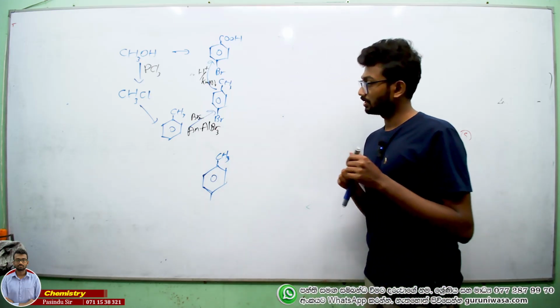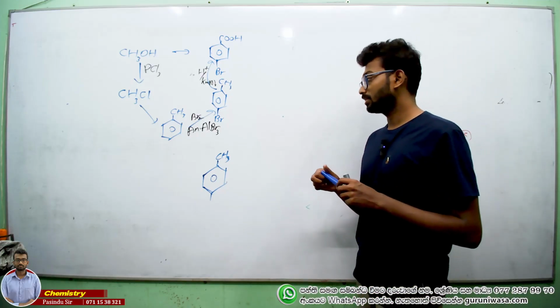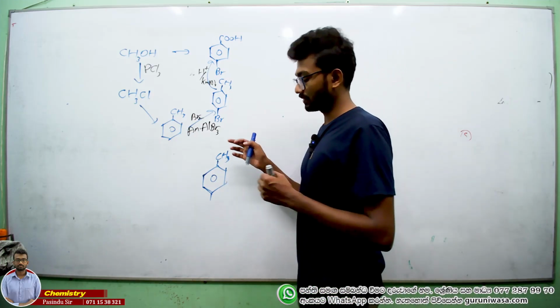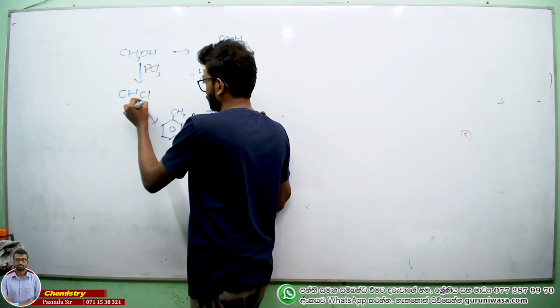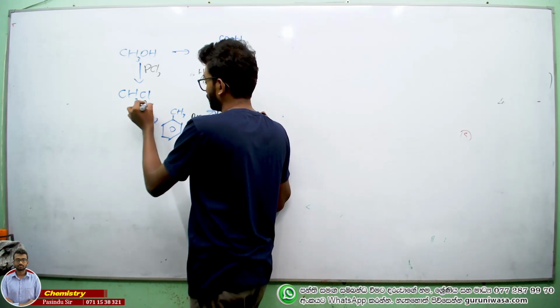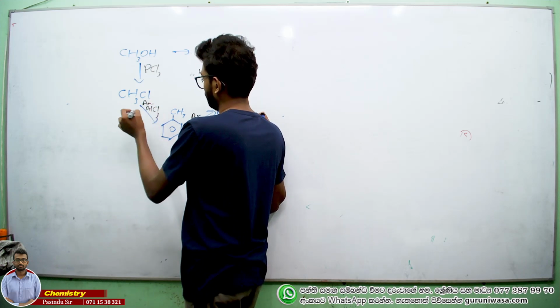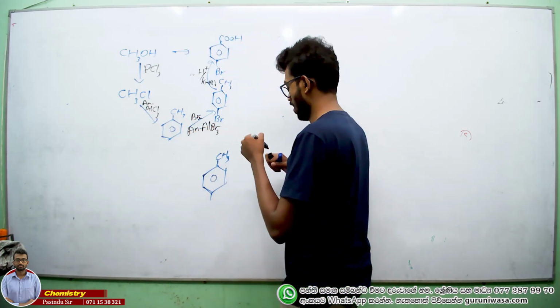Anhydrous. Okay, that's the way. Or you can add FeBr3, whatever. Then this one, it's easy. You can add, again, anhydrous AlCl3.